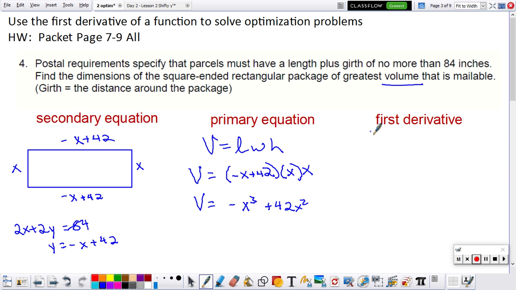So now I'm going to take the first derivative. So we've got V prime equals negative 3x squared plus 84x. Set that equal to 0. Oops. I'm going to take out negative 3x. I'm going to be left with x minus 28.